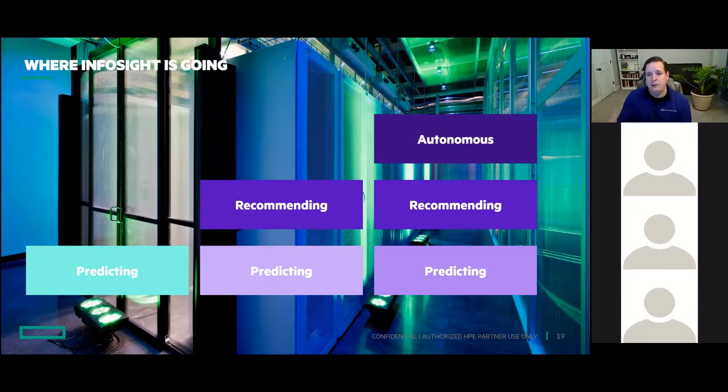You go in, you can see the recommendations, and the responsibility is on the administrator to enact those recommendations, or look deeper into their environment to understand what's going on. The next step for us is the autonomous piece of it. So automating a lot of these best practices.